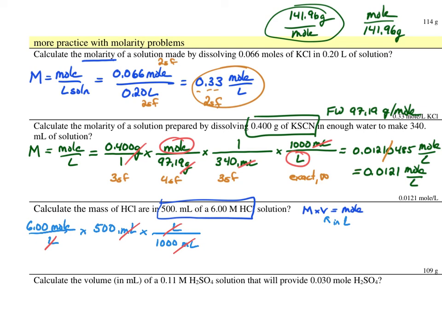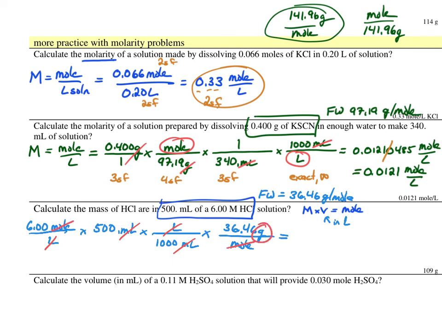HCl has a formula weight equal to 36.46 grams per mole. We want to cancel out units of moles, so we multiply by 36.46. Do our last check of our units. Now we have moles canceling moles.